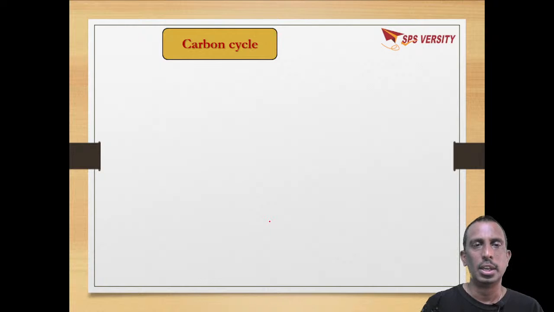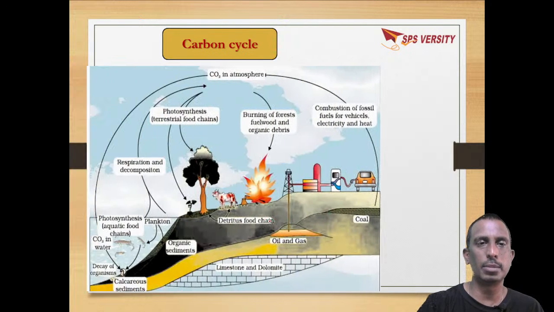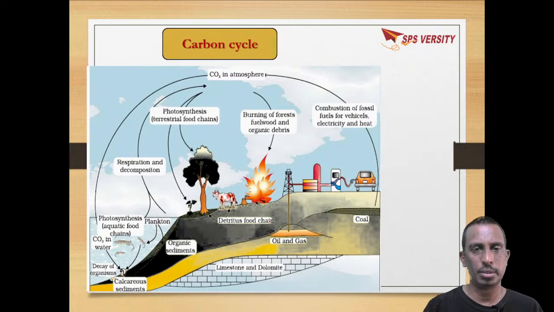Next we come to the carbon cycle. It is one of the gaseous cycles which takes place in the atmosphere. The reservoir for carbon is carbon dioxide.